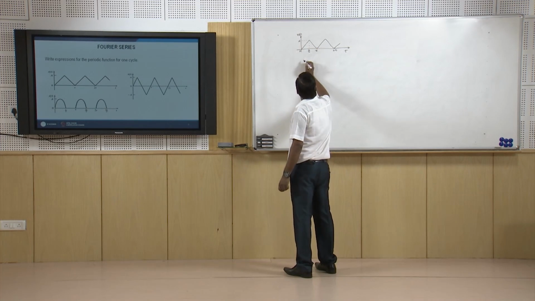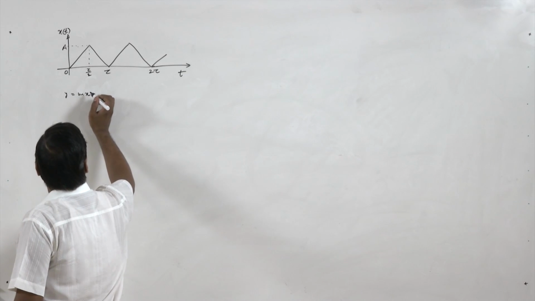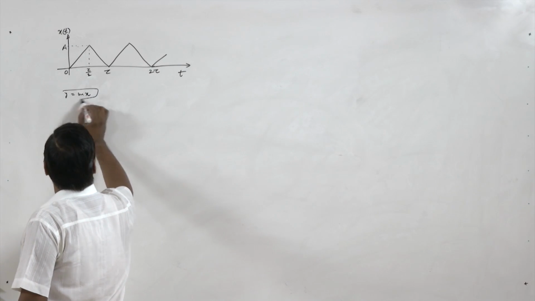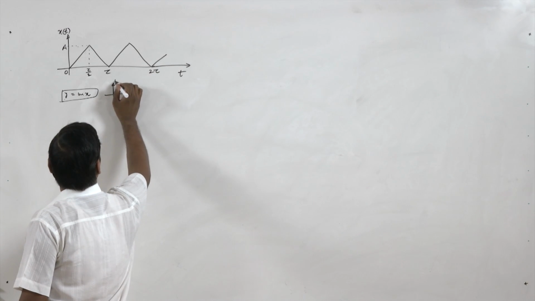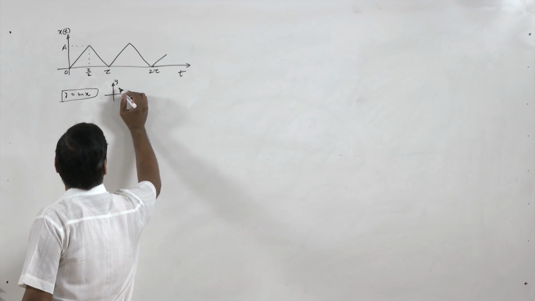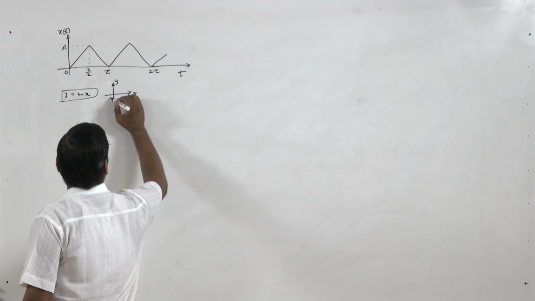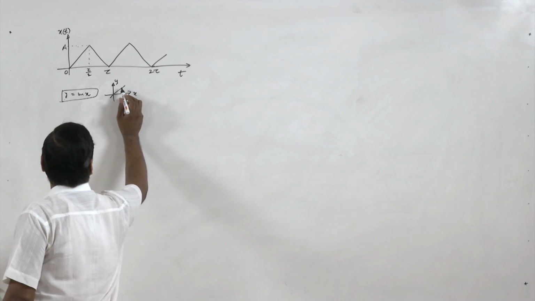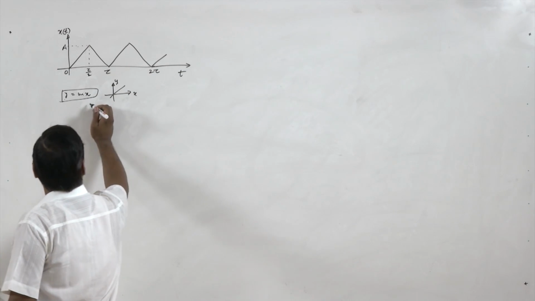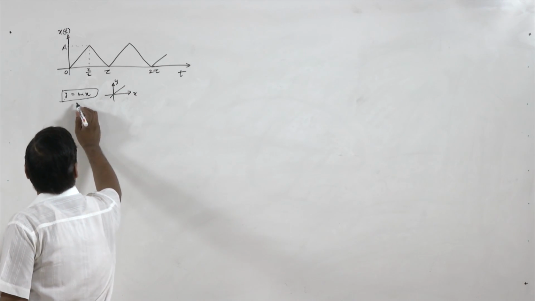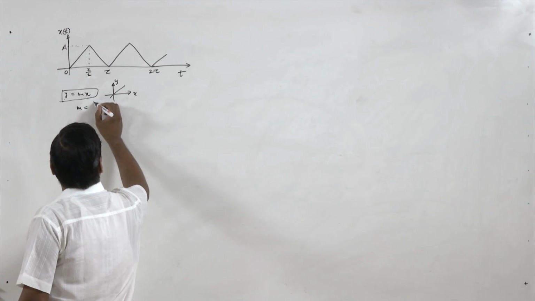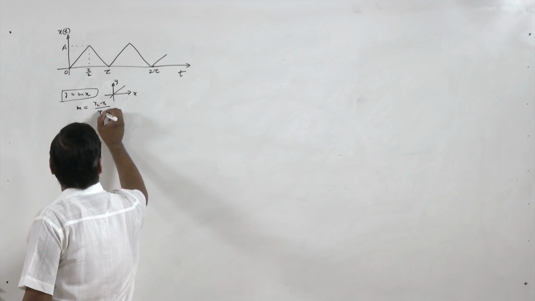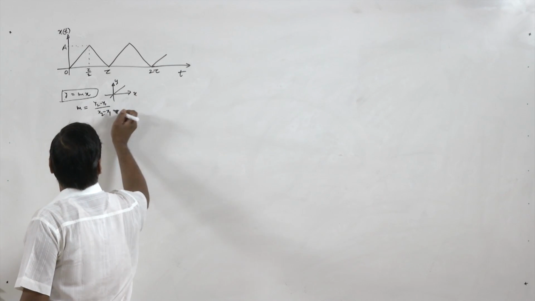So for this line we have y equal to mx. The equation of line, you know, y equal to mx if we have this x axis, this is y axis, and here we have some line passing through the origin. So the equation of this line is y equal to mx, where m is the slope and m can be obtained by (y2 minus y1) upon (x2 minus x1).